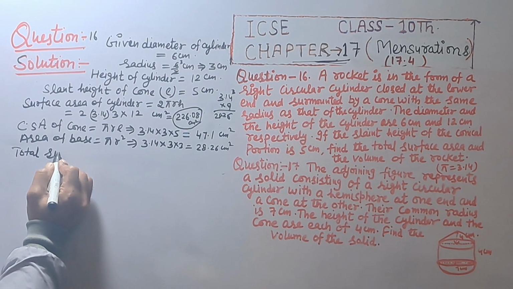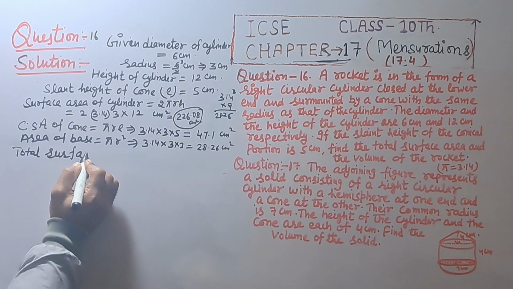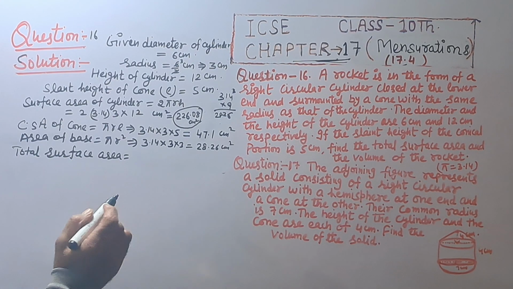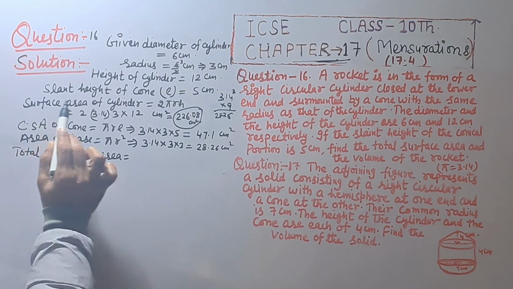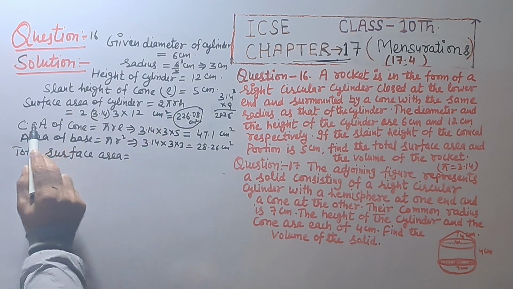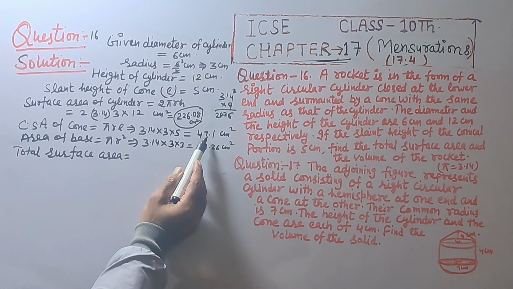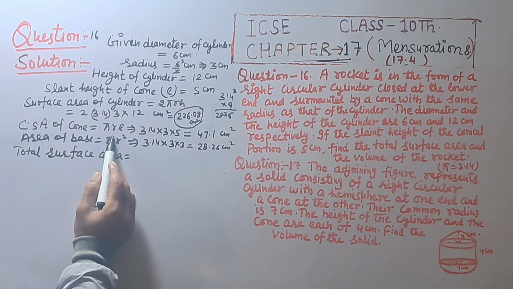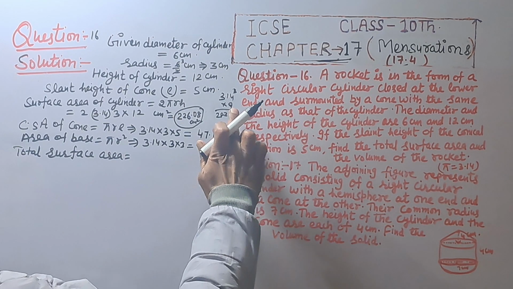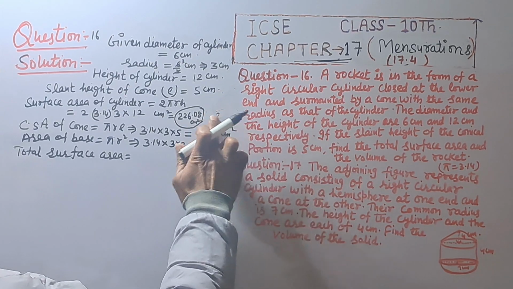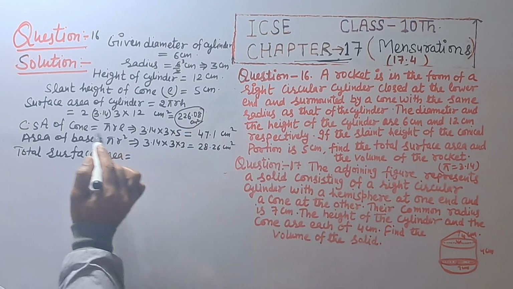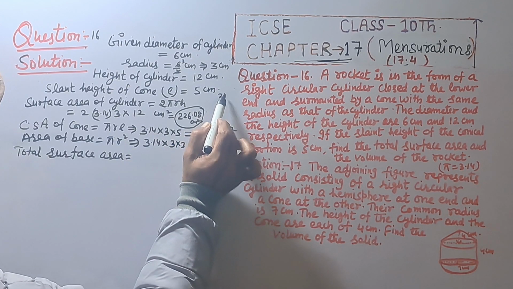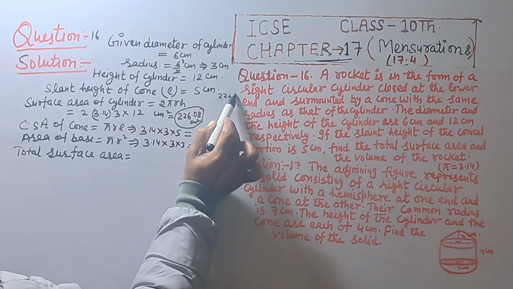Total surface area is equal to curved surface area of cylinder plus curved surface area of cone plus area of base, that is pi r square. Curved surface area of cylinder is 226.08.